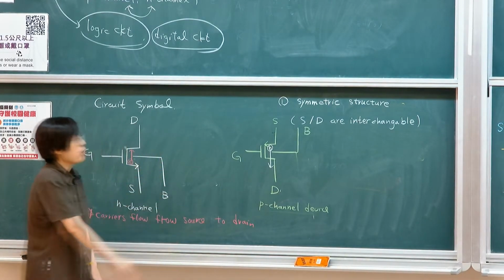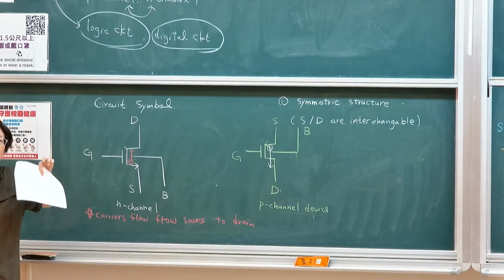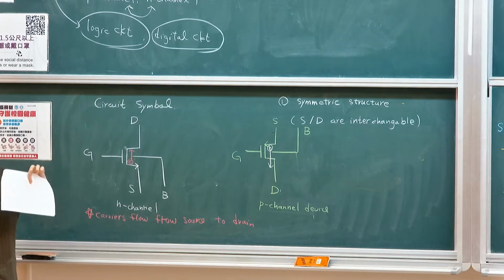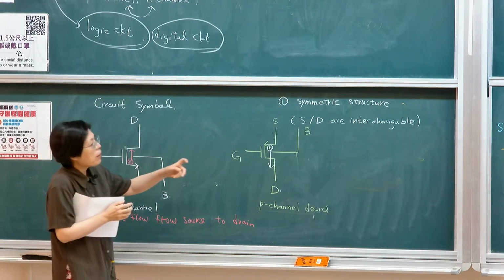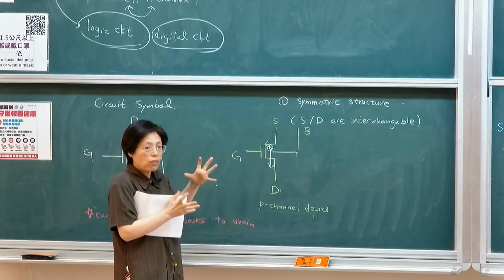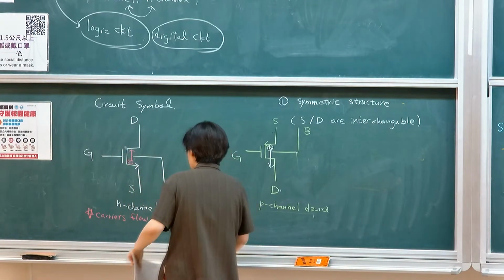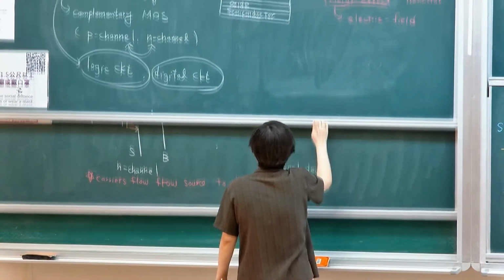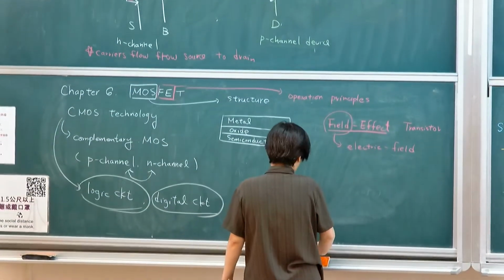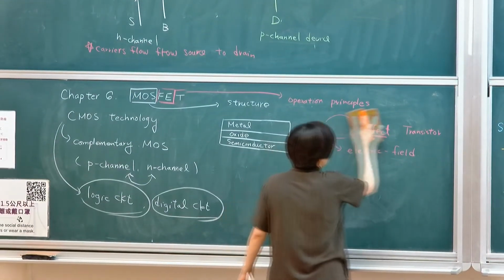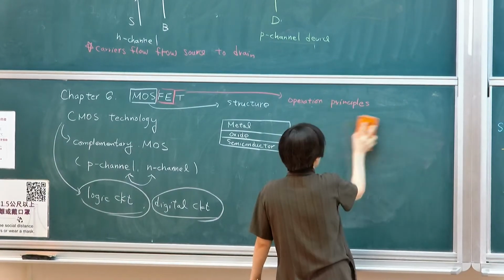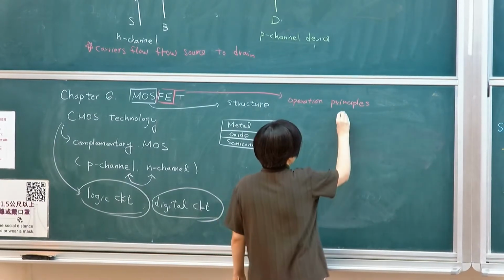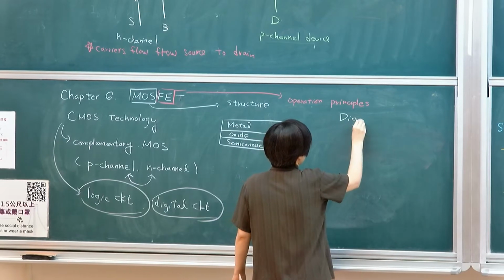So this type of arrow indicator for NMOS and PMOS is typically used for analog circuits. If you're analyzing digital circuits, you will see a different type of symbols.